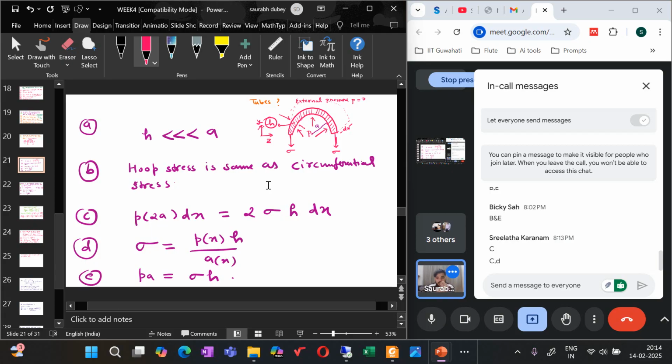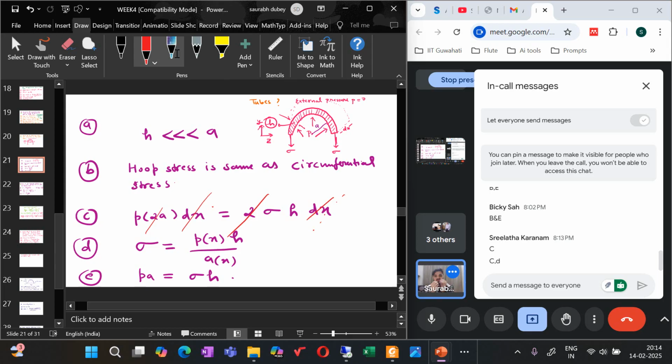And then this P A. So if you solve the C option and E option, you see in the C option that dx will be cancelling out, right? This dx will be cancelling out, and also this dx will be cancelling out, and then this 2 will be cancelling out.